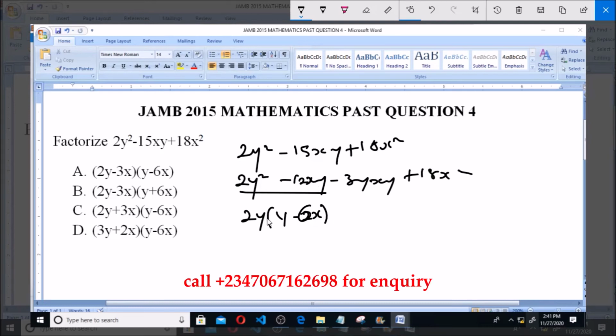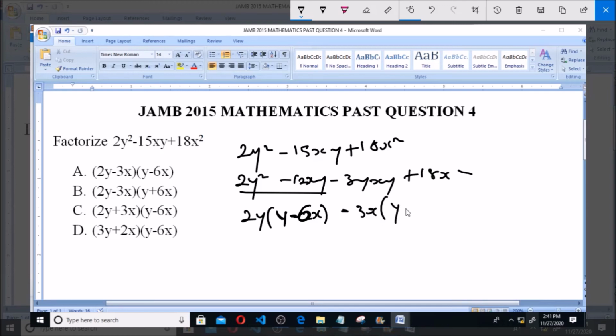So we have 2y into y minus 6x, then also minus 3x into y minus 6x.